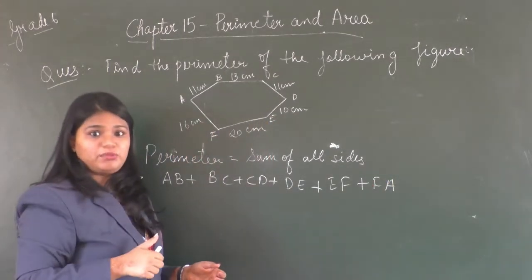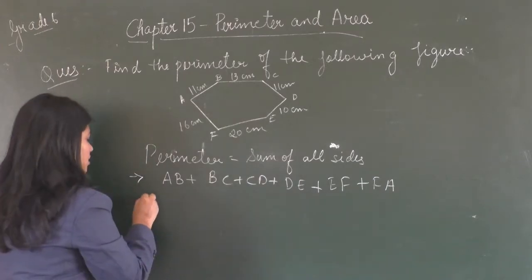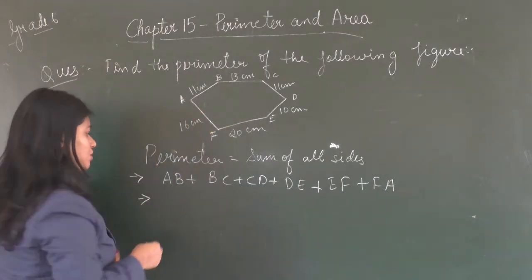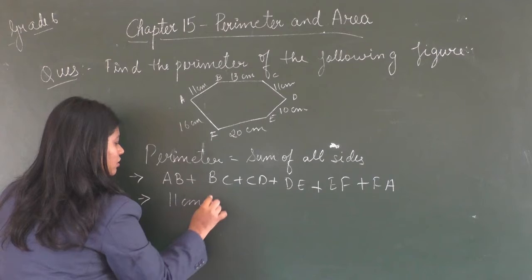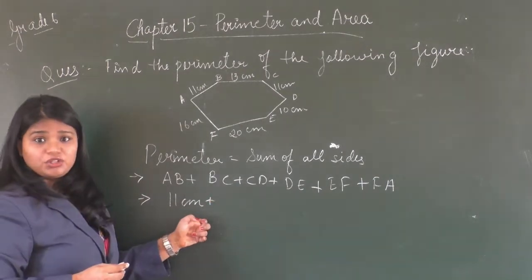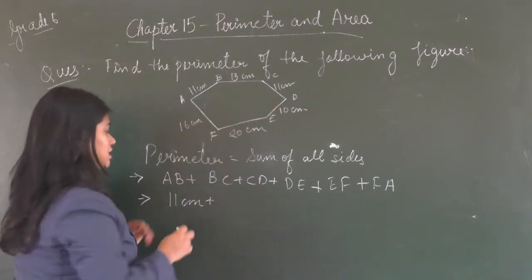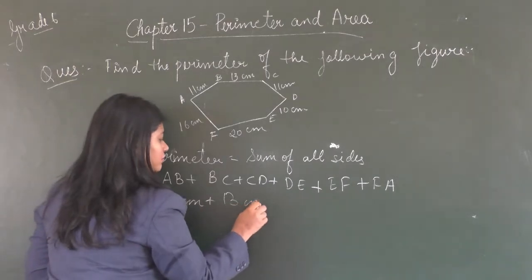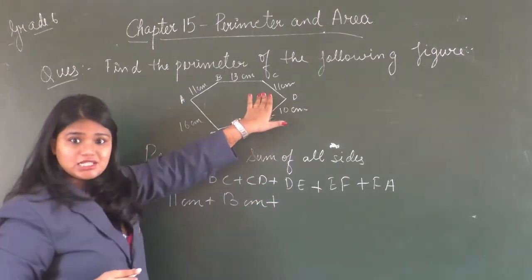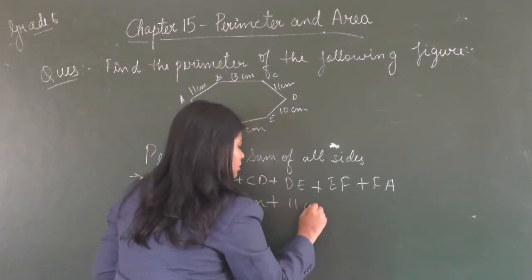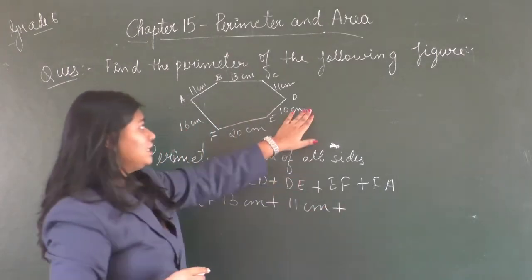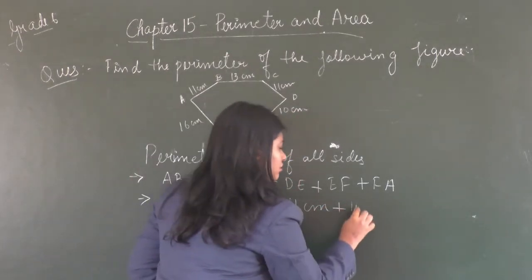Now let's write down the measurement of these line segments. So AB is equal to 11 centimeter. Don't forget to write the unit provided. BC is equal to 13 centimeter. CD is equal to 11 centimeter. DE is 10.